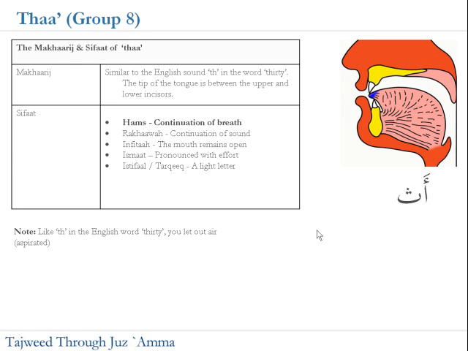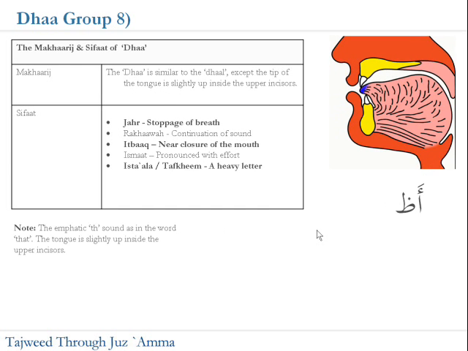Okay, and the tha is as in the th in the word "thirty", and with this one there is a continuation of breath. So here we say ath, ath, and voweled it will be tha, thi, thu. Okay, so the tha, the tip of the tongue is slightly more out of the teeth than the dha.